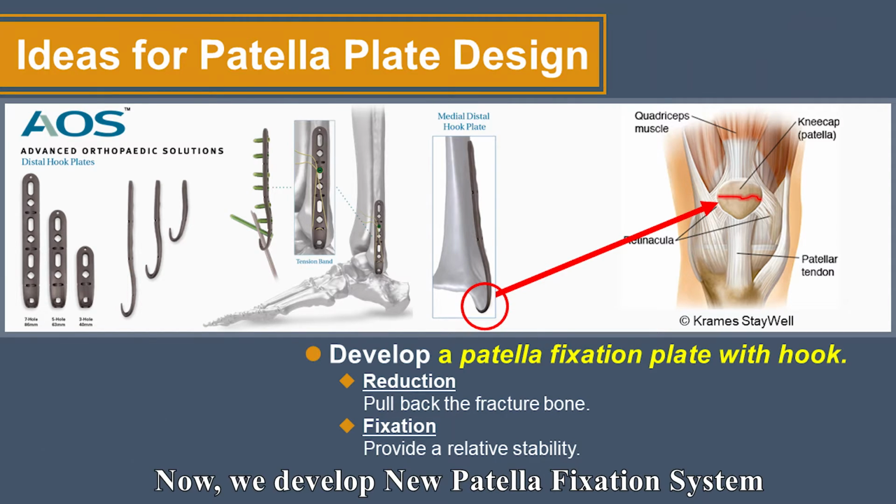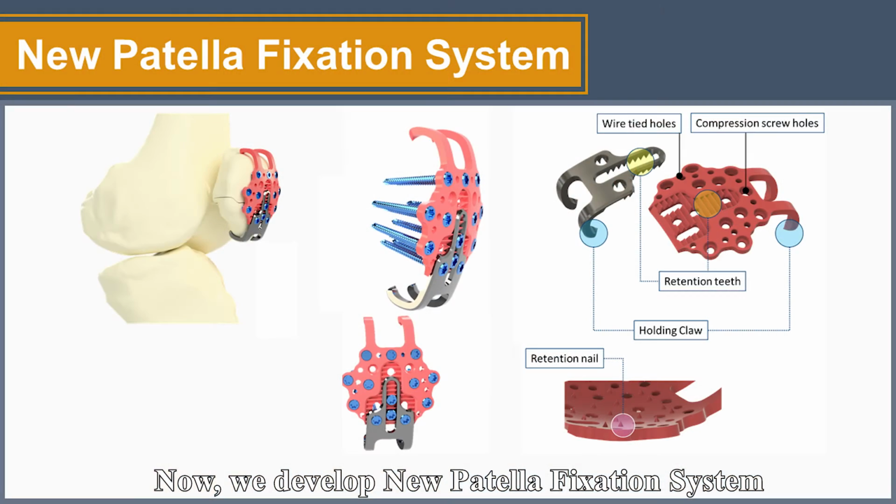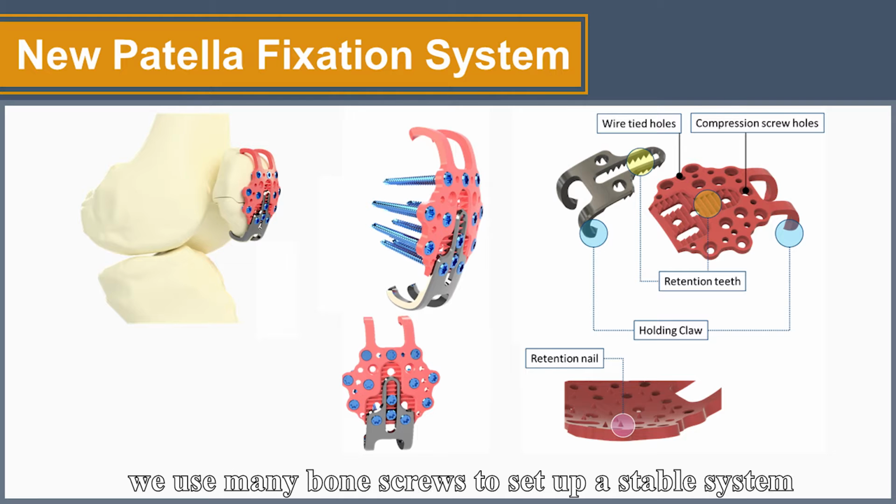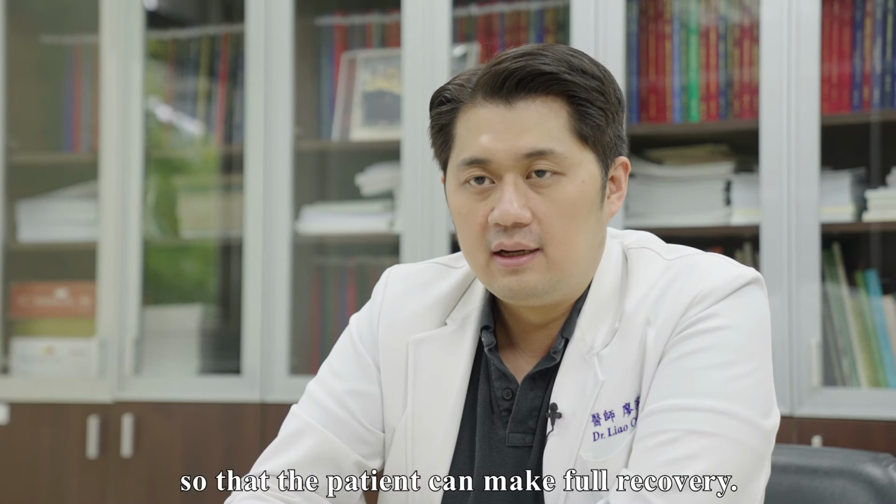Now, we develop a new patella fixation system, which can reduce the tensile stress produced by the quadriceps tendon and patellar tendon. Furthermore, in elderly fracture, osteoporotic fracture, and comminuted fracture, we use many bone screws to set up a stable system so that the patient can make a full recovery.